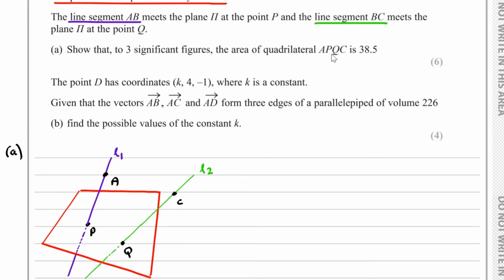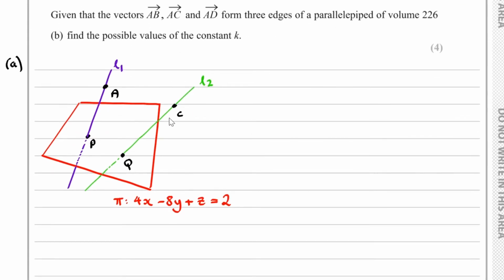Okay, so we see that we have a quadrilateral APQC. Let's just sketch this quadrilateral out. It doesn't have to be accurate, but we have something looking like this.